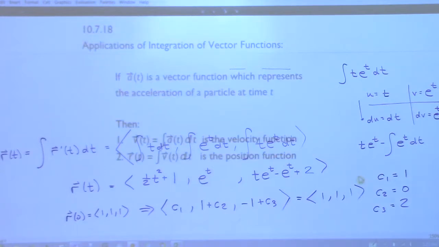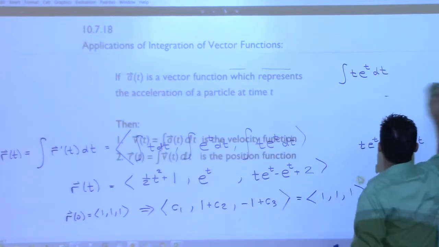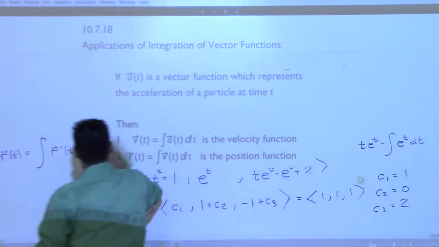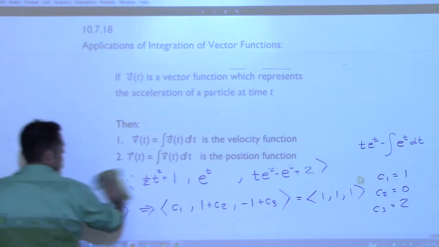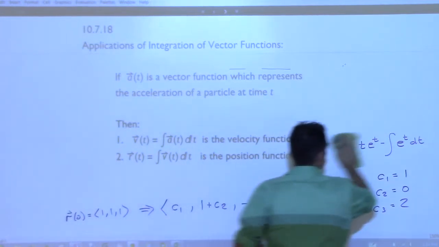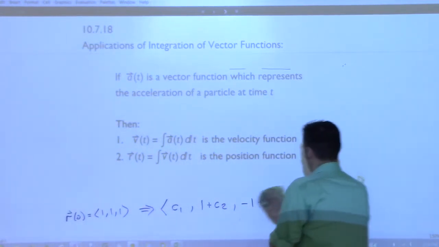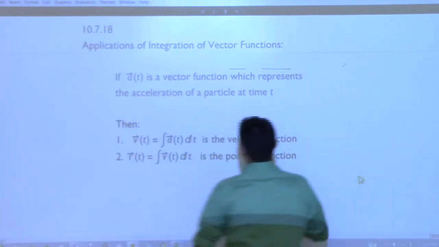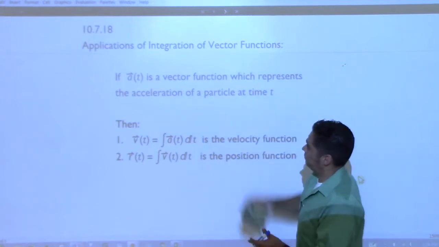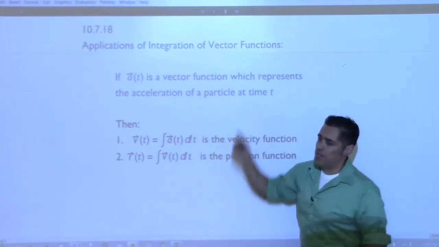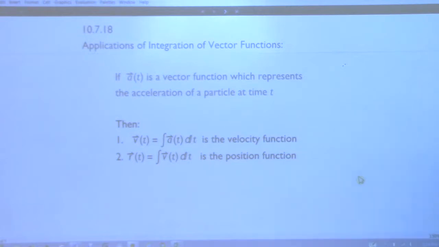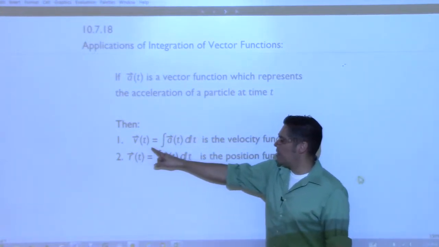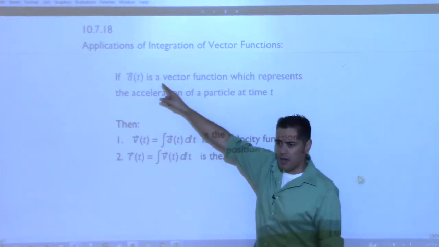All right, so some things that we should note here, just like we would expect, if you start with an acceleration function, all right, which tells you the acceleration of the particle at any point in time, then the velocity function can be recovered by taking the antiderivative of the acceleration.